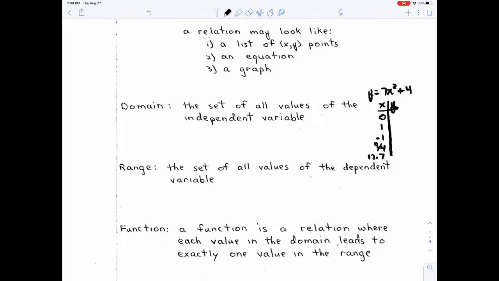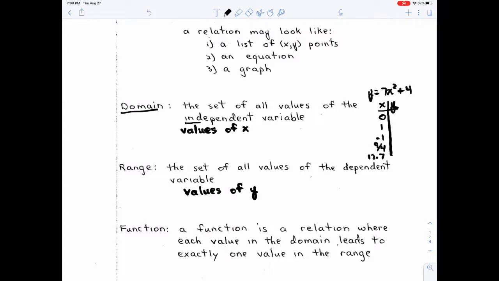So when we're talking about the set of all values of the independent variable, we're talking about values of X. And when we're talking about the range, the values of the dependent variable, we're talking about values of Y.